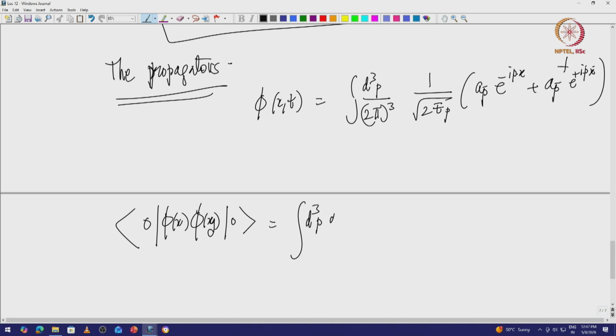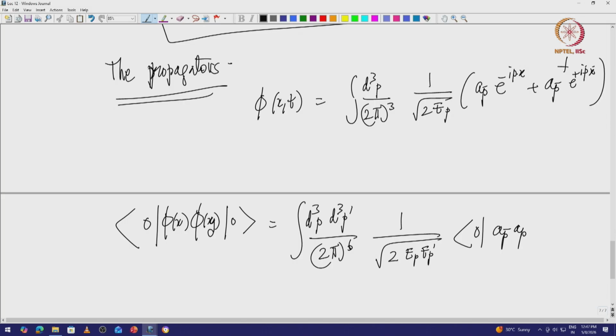I'll explain this more essentially, why this is required. d cube p over (2 pi) cube, d cube p prime over (2 pi) cube, 1 by root 2 E_p prime, vacuum, a_p, a_p prime dagger, vacuum, and the plane wave part e power i p x plus e power i p prime y.